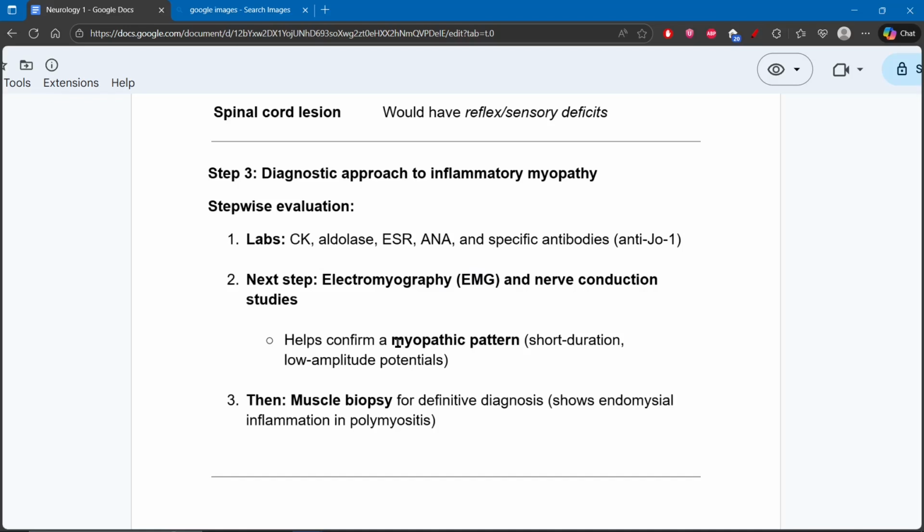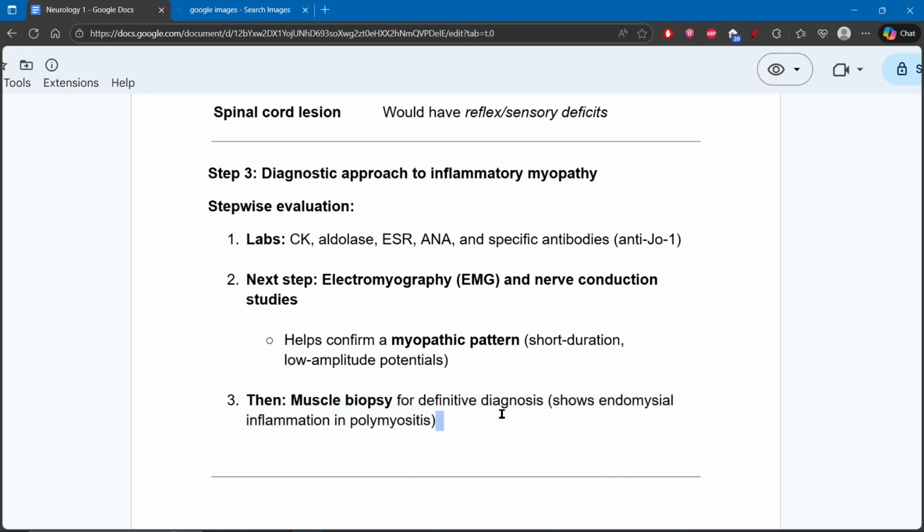Or they might ask you how to confirm the condition. How would you confirm the condition? If they mention the word confirm, then you must choose the muscle biopsy because it is definitive and it gives you the confirmation.